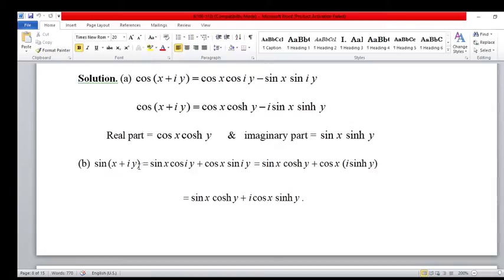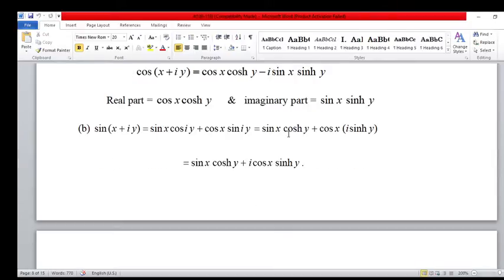Now second, sin(x+iy). Again apply the sin(a+b) formula: sin a cos b plus cos a sin b. So this is sin x cos iy plus cos x sin iy. Here cos iy changes into cos hyperbolic y, and sin iy means i sin hyperbolic y.